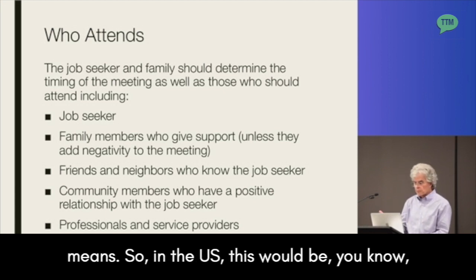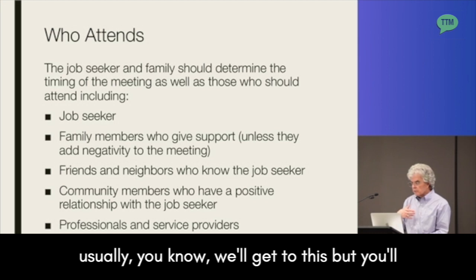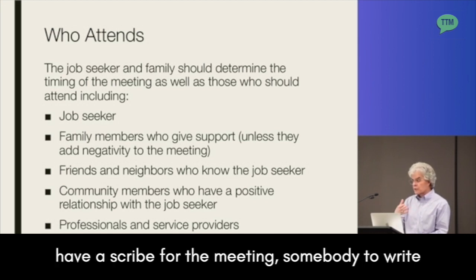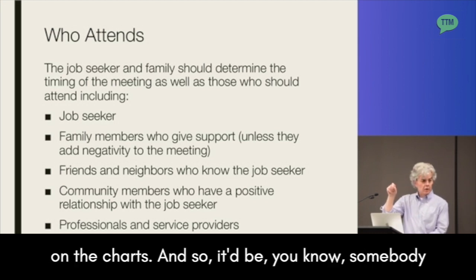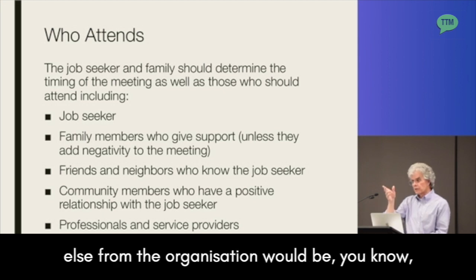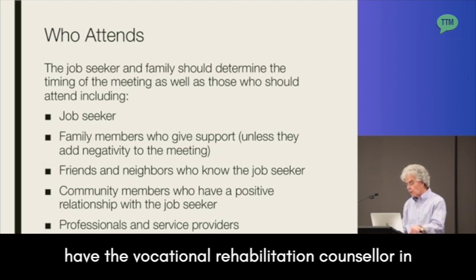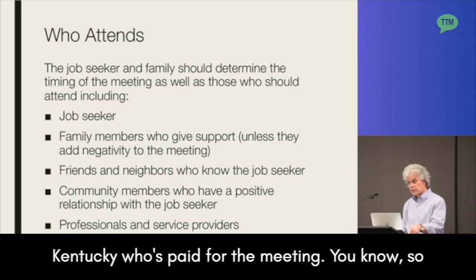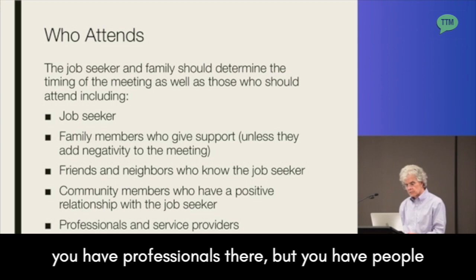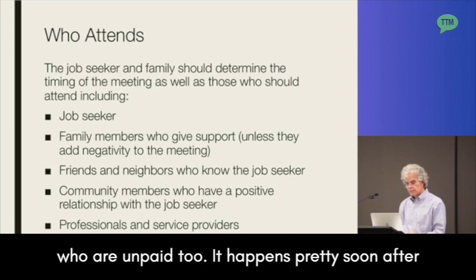In the U.S., you'll have a scribe for the meeting, somebody else from the organization writing up on the charts. And you would have the vocational rehabilitation counselor in Kentucky who's paid for the meeting. So you have professionals there, but you have people who are unpaid too.